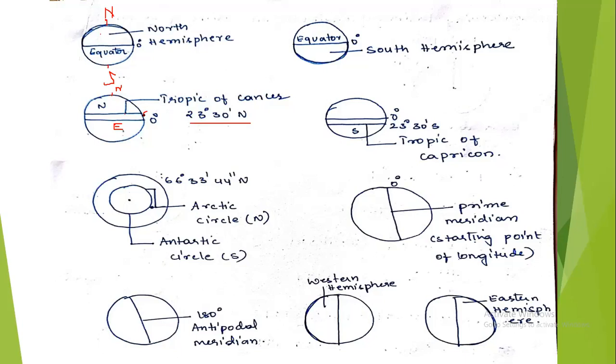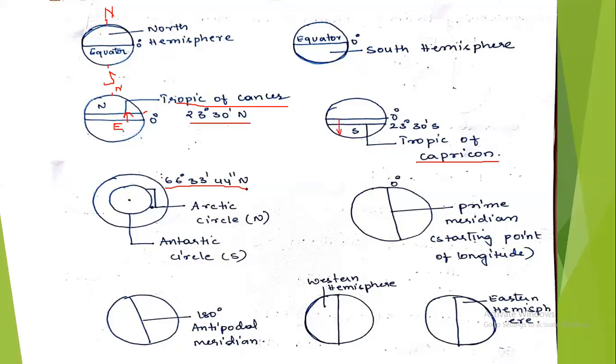So from 0 degrees, moving upwards towards the north, you get the Tropic of Cancer. If you move downwards towards the south, we get the Tropic of Capricorn at an angle of 23 degrees 30 minutes south. So the south one is called the Tropic of Capricorn and the north one is called the Tropic of Cancer.